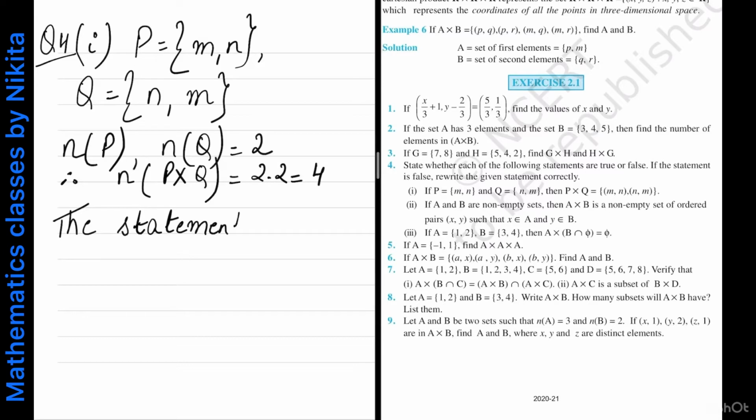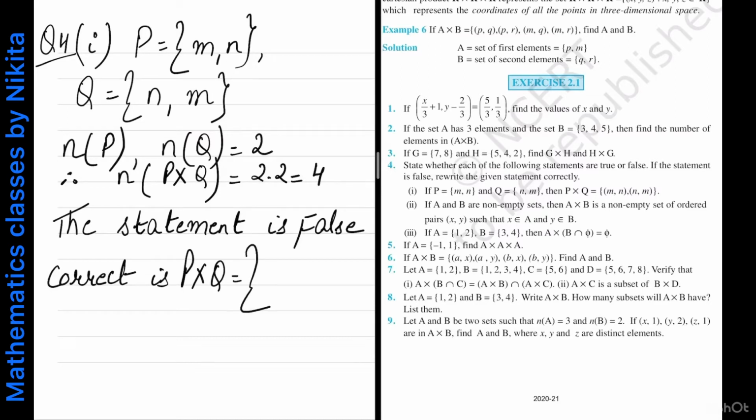The given statement is false and the correct is that P cross Q is equal to, so it will have 4 elements and you have to write the elements in such a way that you have to associate each element of P with each element of Q. So therefore (M, N), then you will have (M, M), then you will have (N, N), and then you will have (N, M). So this is the correct set, P cross Q.